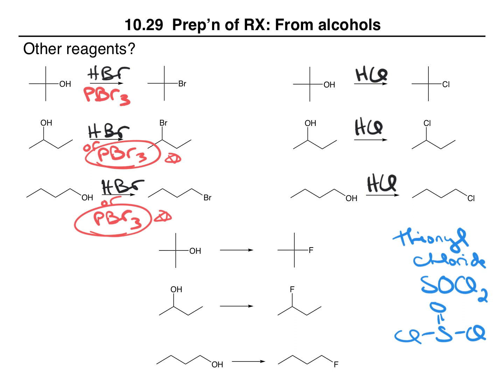Because a tertiary alcohol is pretty reactive, we'd probably just stick with HCl. For a secondary, then thionyl chloride is a better option, and this is usually carried out with pyridine. Pyridine is an amine base that looks like this.